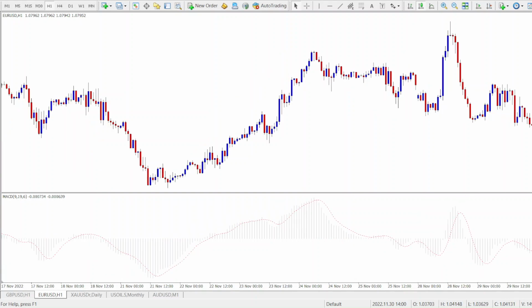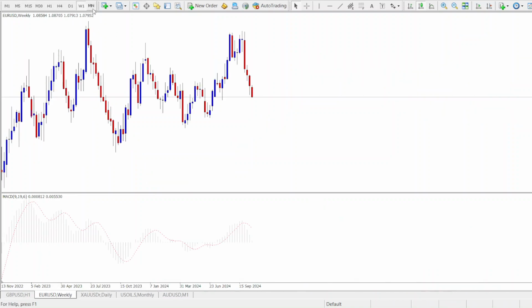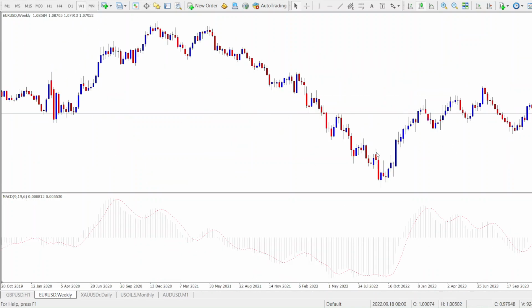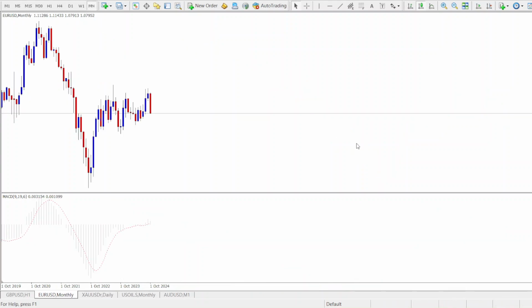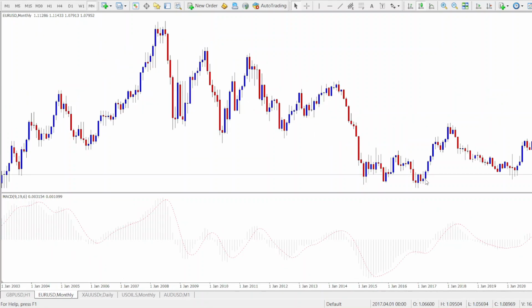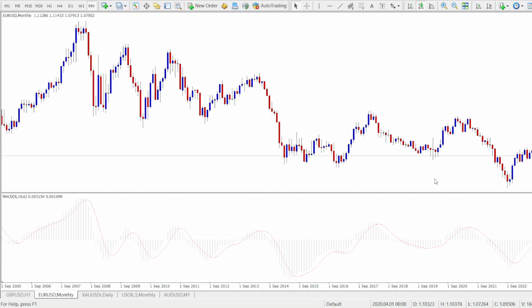And for those of you trading on higher time frames, think weekly or the monthly charts, you will want to slow things down.